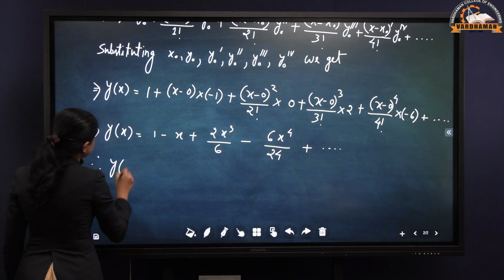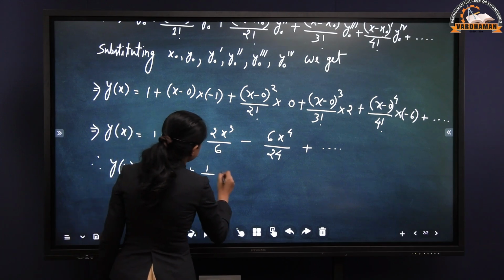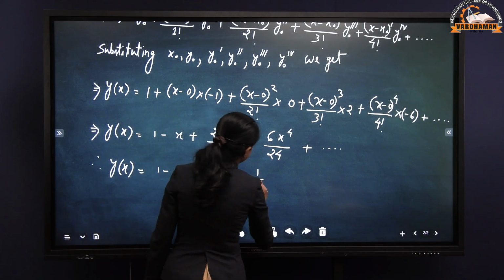Therefore, y(x) = 1 - x + (1/3)x³ - (1/4)x⁴ plus so on.